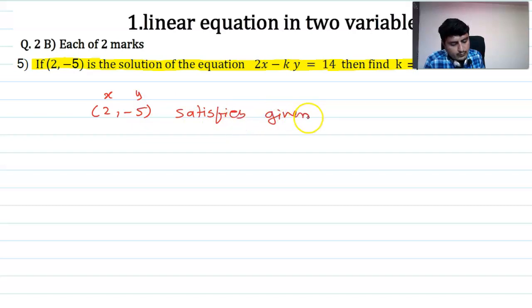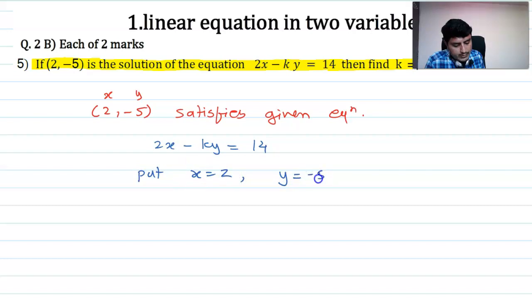We can replace x by 2 and y by minus 5 in the linear equation in two variables, 2x minus ky equals 14. So put x equals 2 and y equals minus 5.